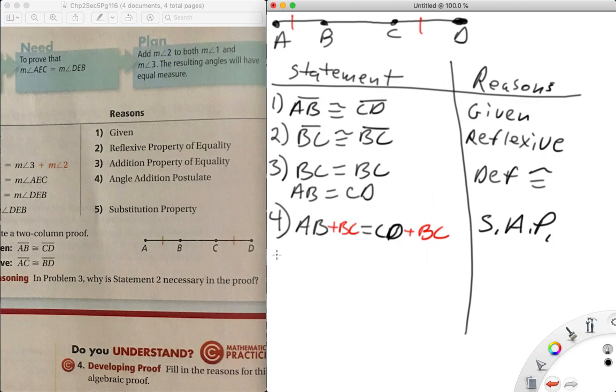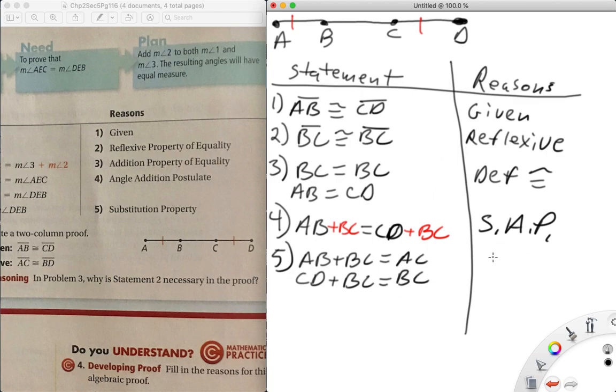And then number 5, I can say that AB plus BC is equal to AC. I can say that CD plus BC is equal to BD.